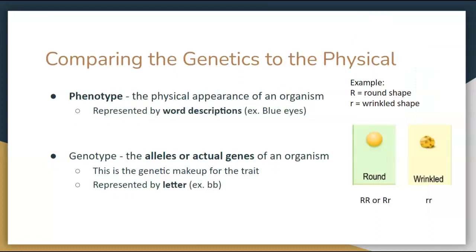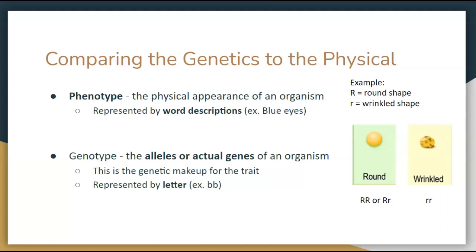Now, I keep saying this idea of it's showing round, it's showing wrinkled. Well, you already know that there is a word for that. You knew it. You saw it coming, right? Vocab is so important. And so for our last bit of vocab for these notes, we're going to talk about the terms we use when describing the genetics and the physical appearance of traits.